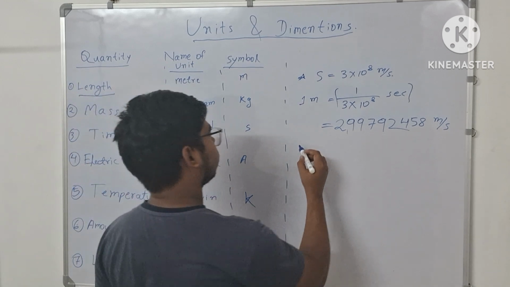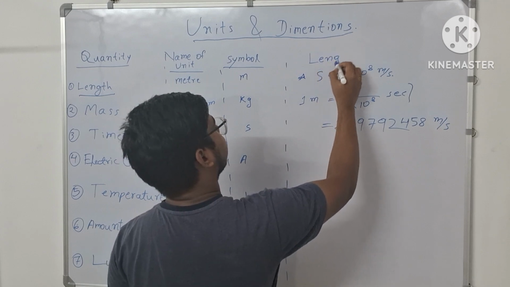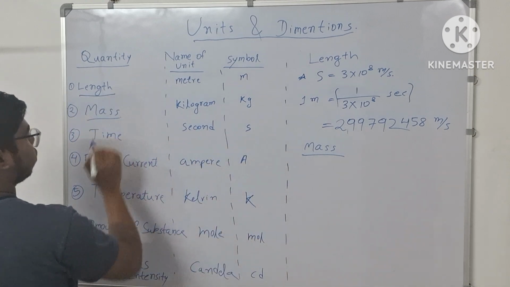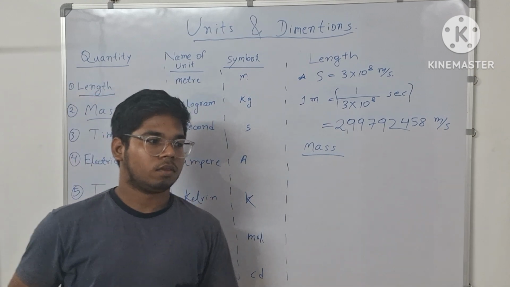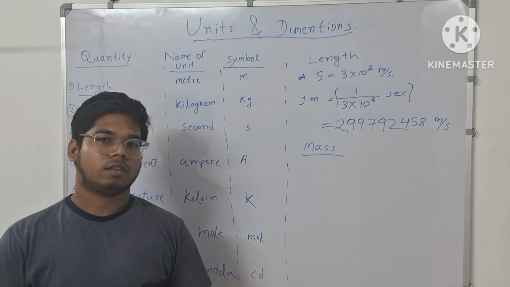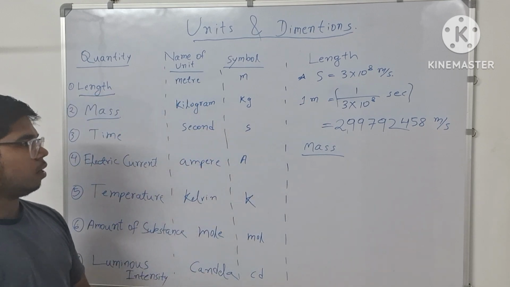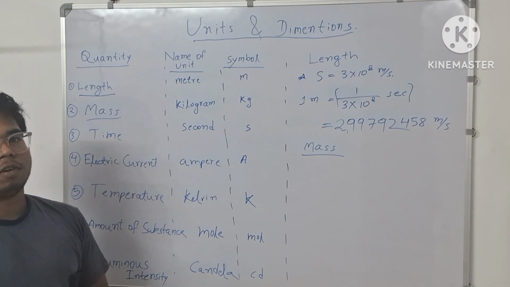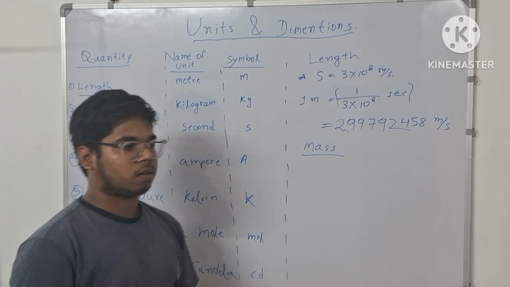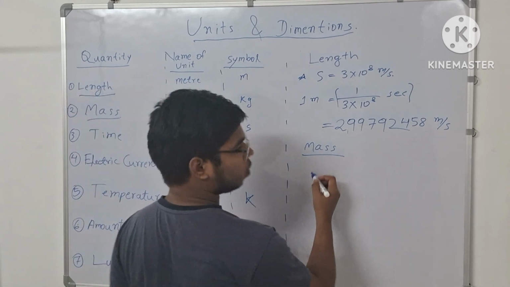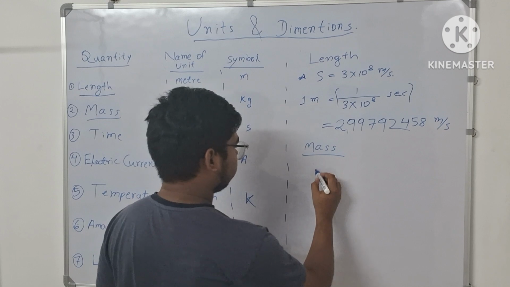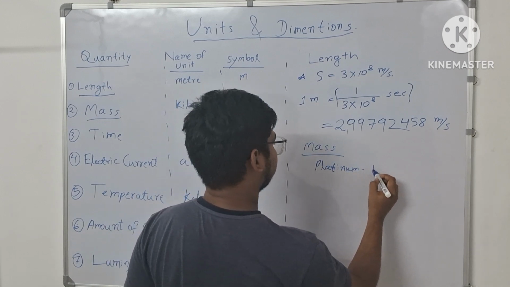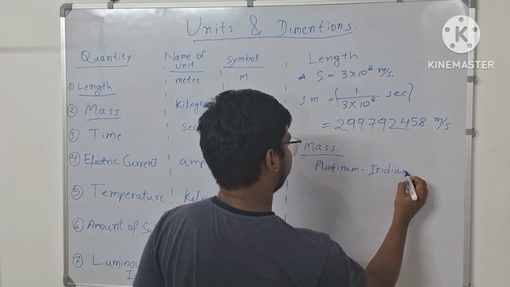Next is mass. Mass is defined in kg, and the base unit of 1 kg is defined by a platinum iridium alloy.